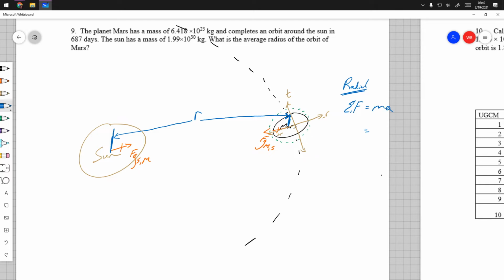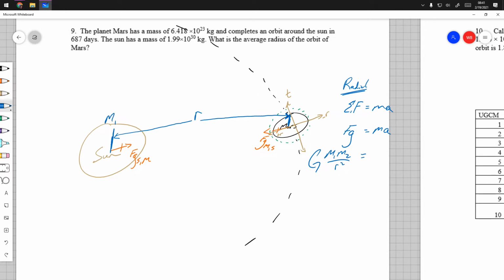What do we have here? I have the force of gravity going inwards, so that force of gravity is positive. Cool, great. That's equal to m times a. Now, I don't know the force of gravity, but I do know the big equation for it. Maybe that'll be helpful, so let's put that in: big G m1 m2 over r squared. Which one's m1 and which one's m2? It doesn't matter.